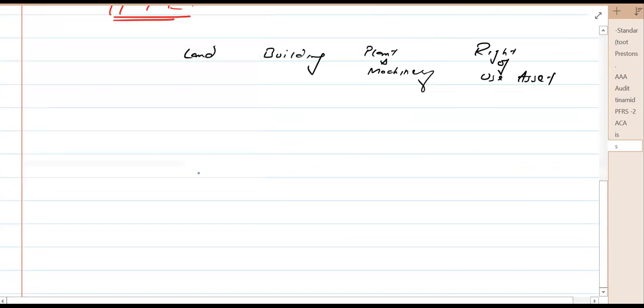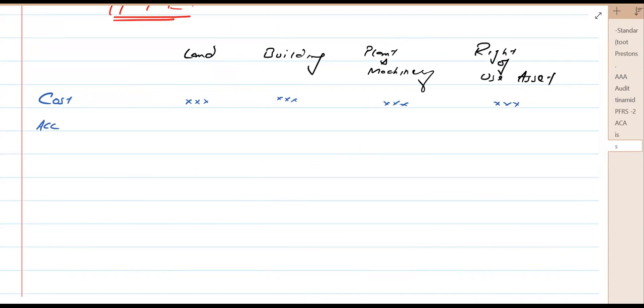So first of all, you take the cost, or sometimes you have the carrying amount directly given within the question. If there's a cost, you put these figures over here: cost from the trial balance, and then you put the accumulated depreciation.